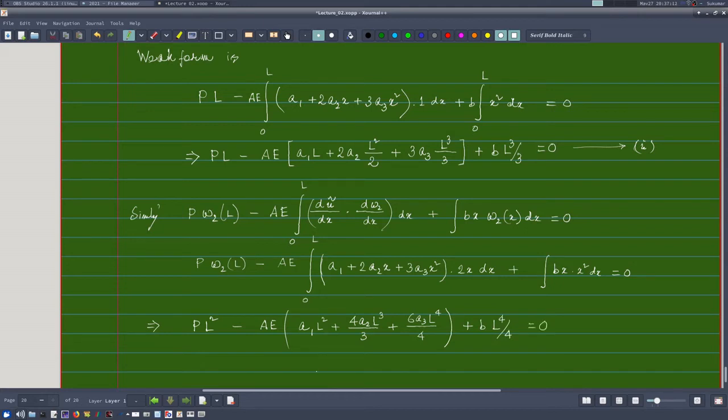So this is another equation containing A1, A2 and A3. So this is equation 2.